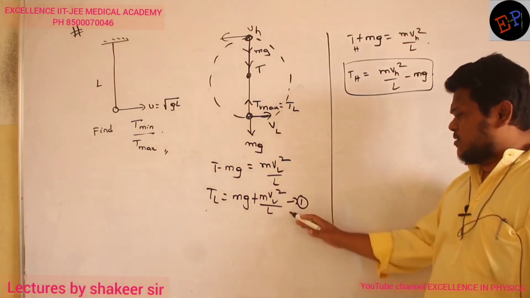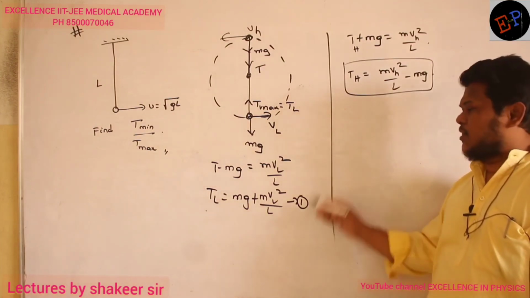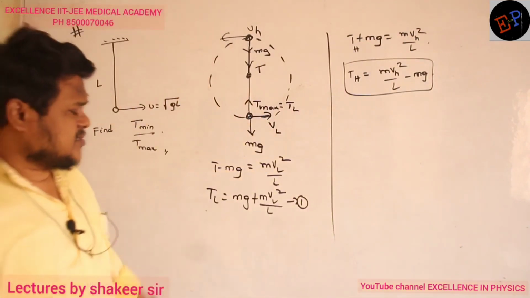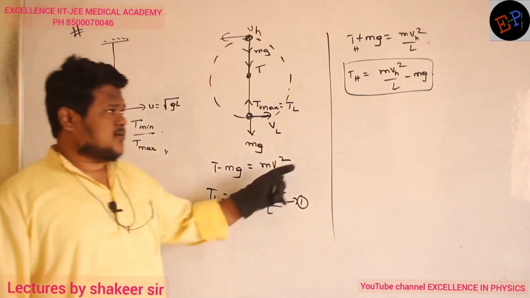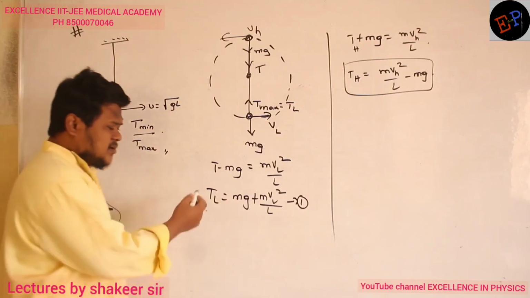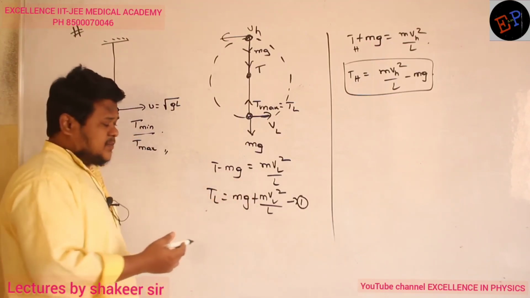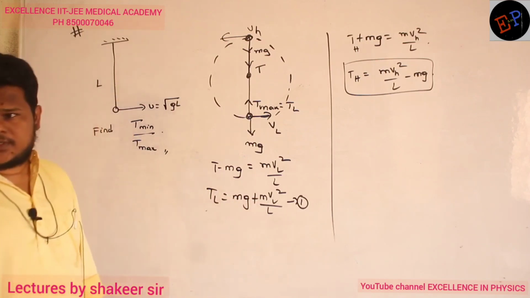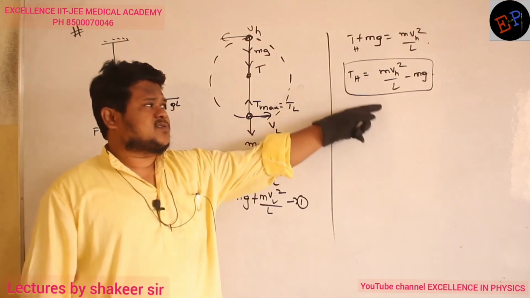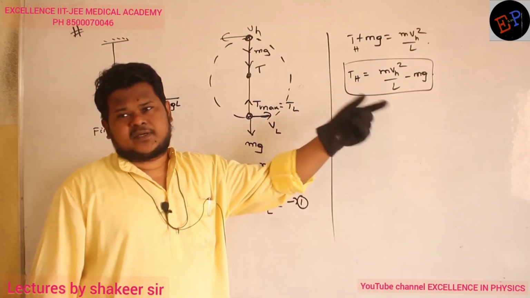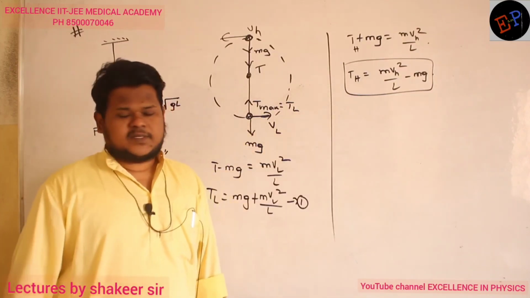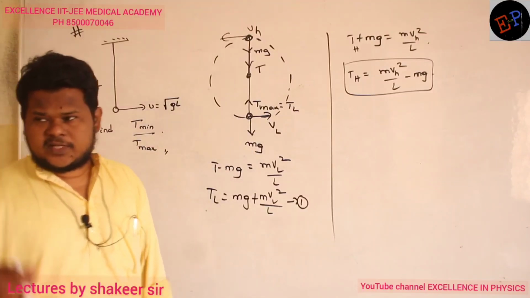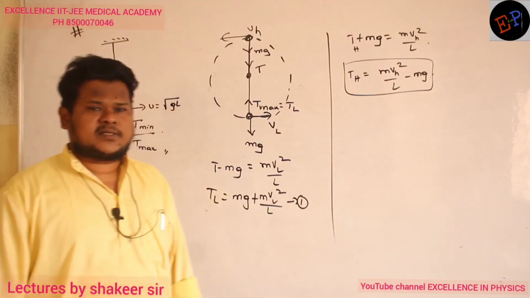Now you see this equation and this equation, where is tension maximum? By looking at the equations, at the highest position or at the lowest position? Definitely at the lowest position tension is maximum. Why? Because here we are writing mVL square by L plus mg, so tension has increased. But here we are writing mVh square by L minus mg, subtracting mg. So definitely TL must always be greater than TH. Tension at the lowest point is always greater than tension at the highest point.